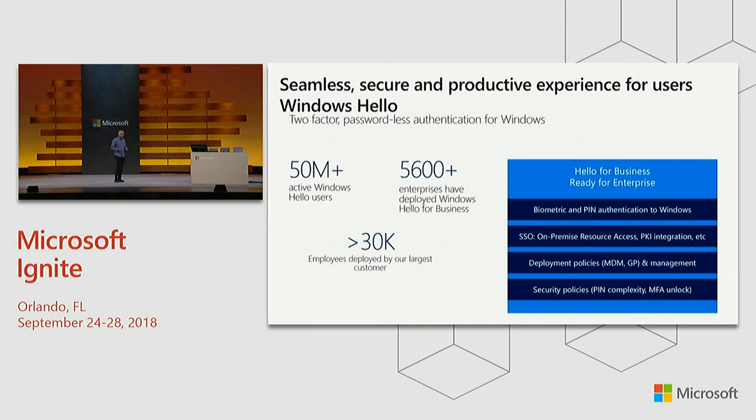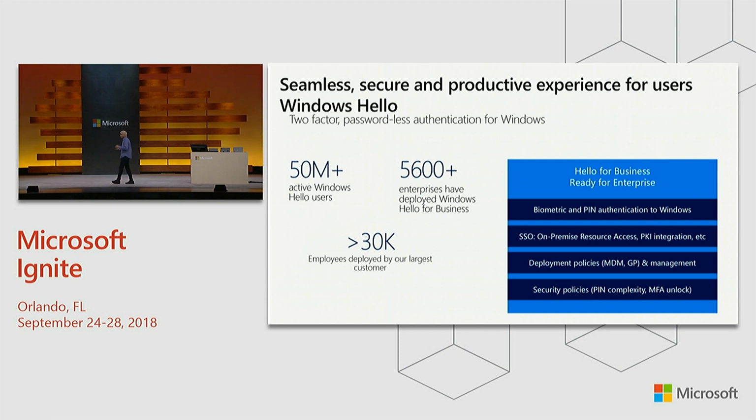The next one, in terms of the value prop, was our seamless, secure, and productive experience, which is around the whole passwordless journey. We started this journey with Windows Hello, and as you can see with the numbers, we are also seeing a good uptake in adoption for Windows Hello. We have more than 50 million Windows Hello users right now, and around 5,600 plus enterprises who have deployed Windows Hello for Business.